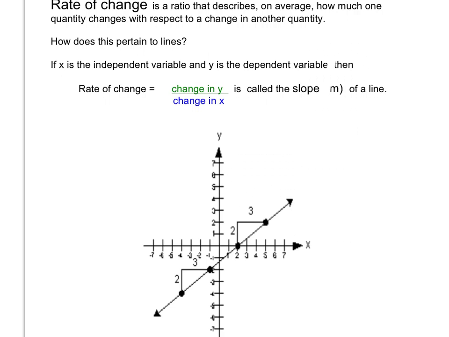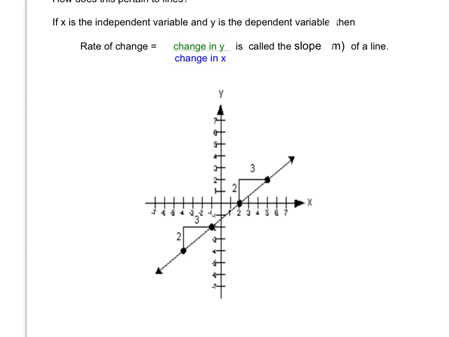Okay, so how does this rate of change, or this ratio that describes how one quantity changes with respect to another quantity, how does this pertain to lines? So if x is our independent variable, or the input, and y is the dependent variable, then the rate of change, the change in y is the rise over the run.